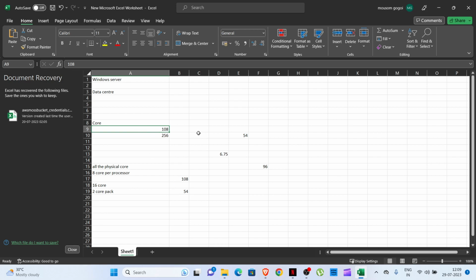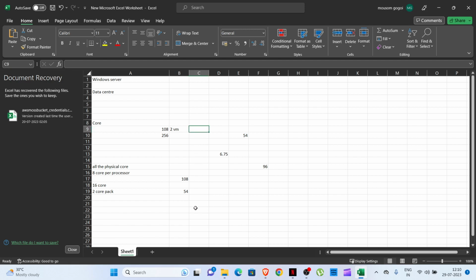Now this entire physical server can give you only 2 virtual machines. Understand? That is the licensing policy. For example, for this 108 core server, let's say you need 4 virtual machines.